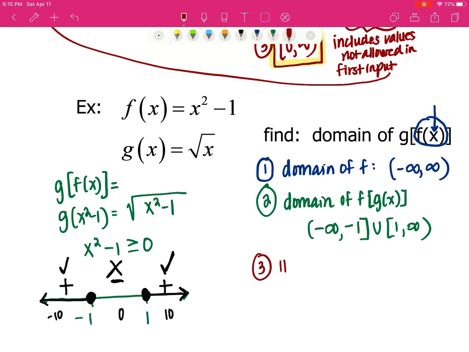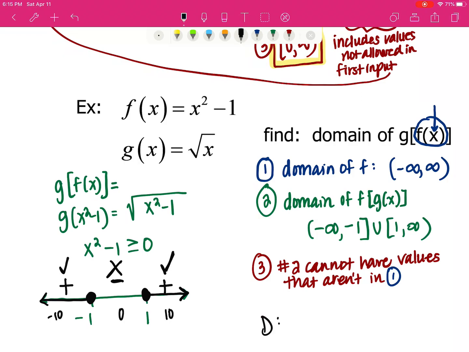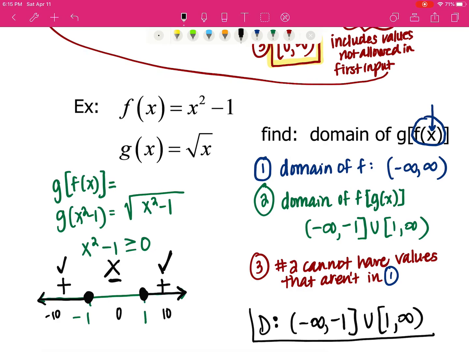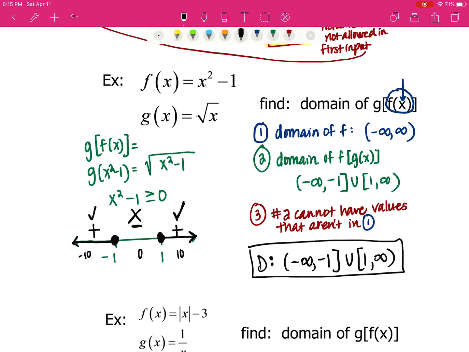So number 2 cannot have values that aren't in number 1. And they don't. All the values in number 2 can be found in number 1. Therefore, our domain is negative infinity, that's a parenthesis, negative infinity to negative 1, union with 1 to infinity. And that's our domain of our composite function.